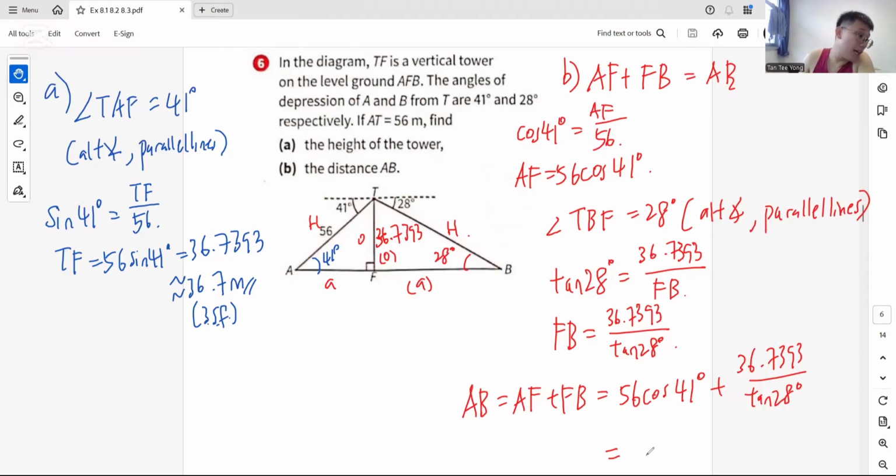My final answer will be 111.3602, rounded off to 111 meters, three significant figures. So this is my answer for 6B, 111 meters, and this is it for question 6.